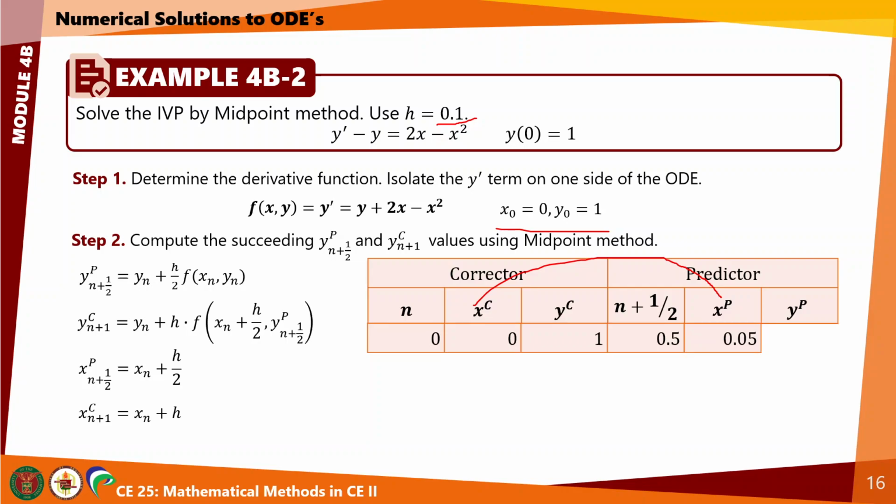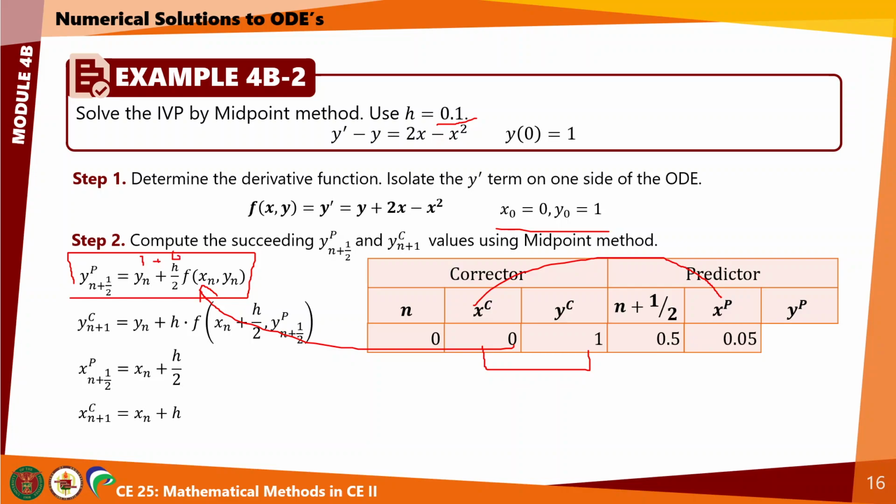Okay? And then, you can actually substitute yung point, yung previous point, yung corrector point natin to get the predictor point. Okay, so x na corrector tsaka y na corrector, substitute mo lang dito. Okay, so that's basically yung y sub n natin, which is 1 plus h over 2. So 0.1 over 2.